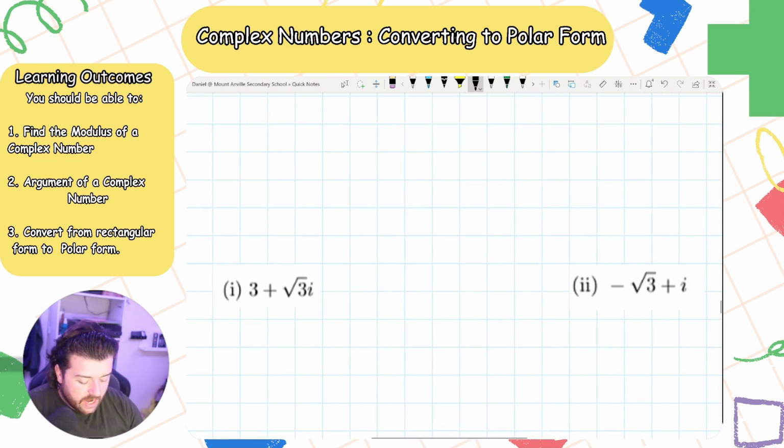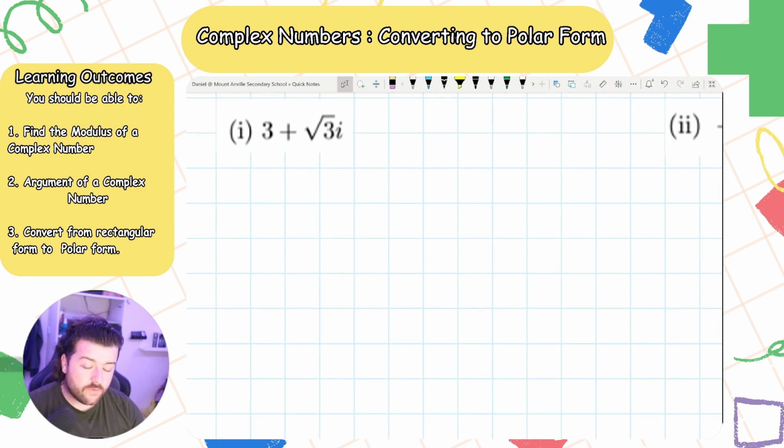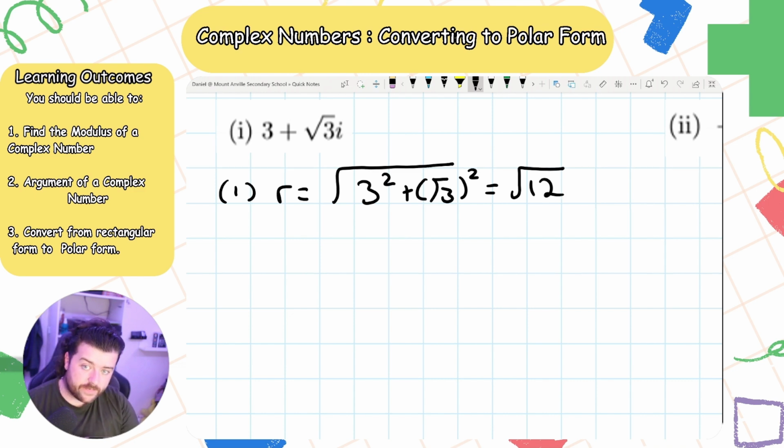So let's have a look at this one here. 3 plus root 3i. First step, let's calculate my modulus. That is going to be the square root of 3 squared plus root 3 squared, which is equal to root 12.